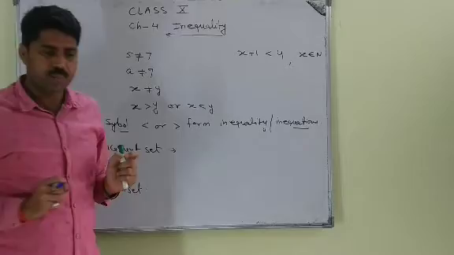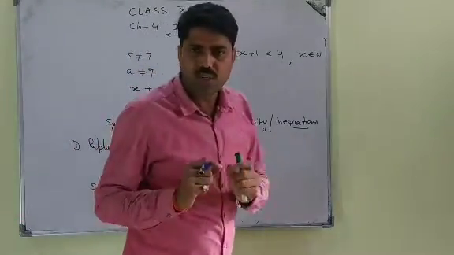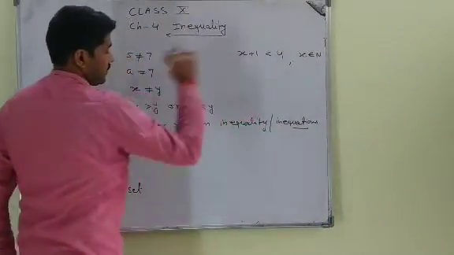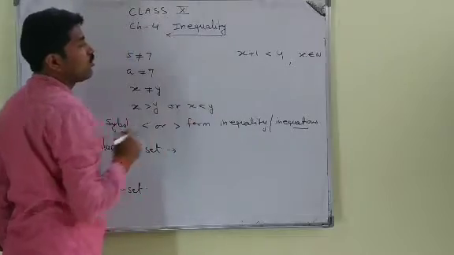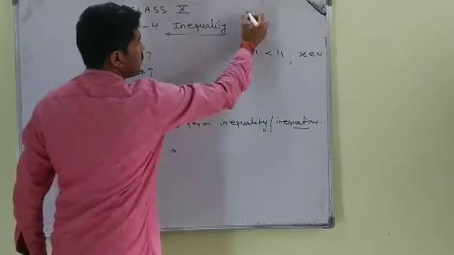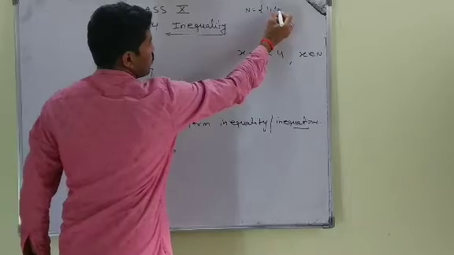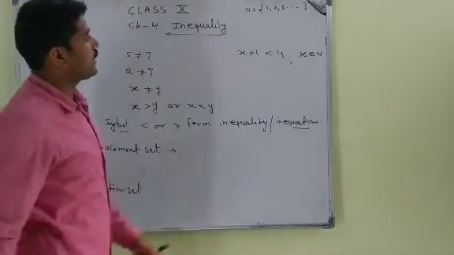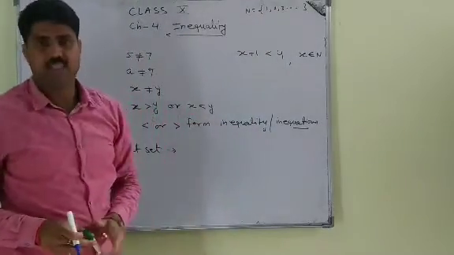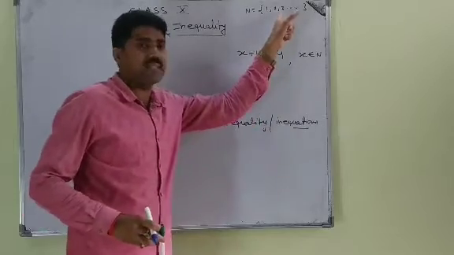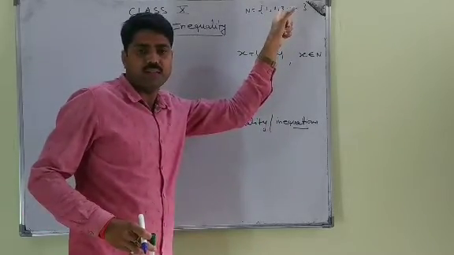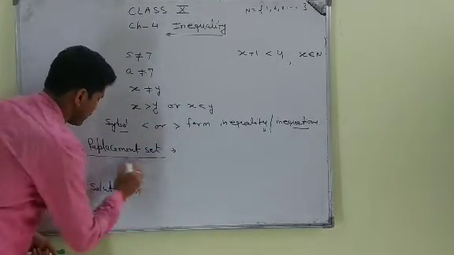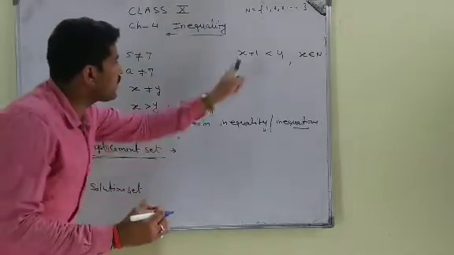Natural numbers are those numbers which start from 1. So we will take the value of x from natural numbers, which start with 1, 2, 3, 4 and so on. To satisfy the inequality, we will take the value of x from this set. This set is the replacement set. Replacement set: the values which replace the variable x.